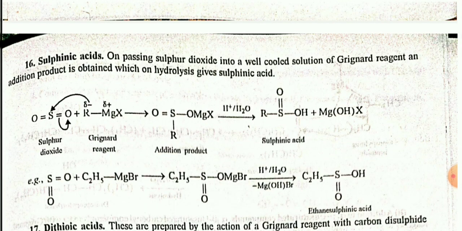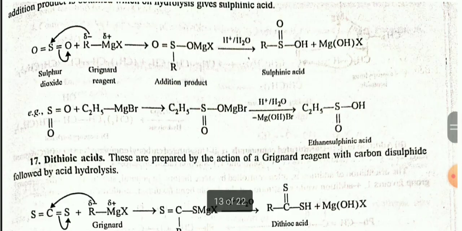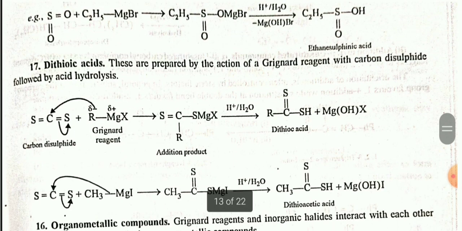On passing sulfur dioxide into a well-cooled solution of Grignard reagent, an addition product is obtained which on hydrolysis gives sulfinic acid. 17th, dithioic acids. These are prepared by the action of Grignard reagent with carbon disulfide followed by acid hydrolysis.